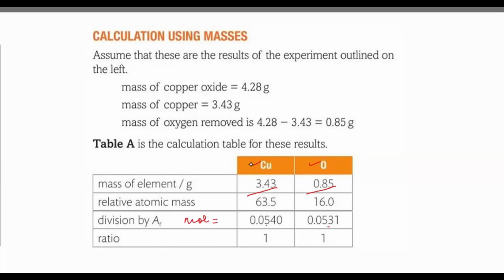Then we found the ratio between the moles of copper and oxygen. There was a ratio of 1:1. So copper and oxygen exist in this compound in the ratio 1:1. So this is the empirical formula of copper and oxygen whose masses are mentioned here. That was one way of calculating the empirical formula.